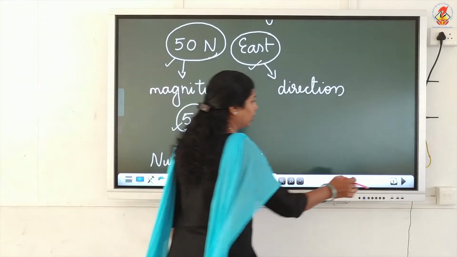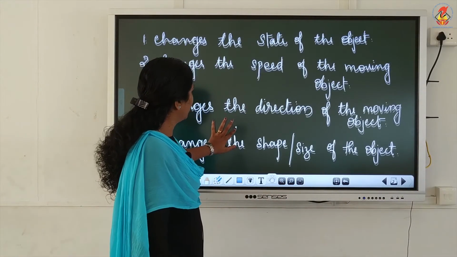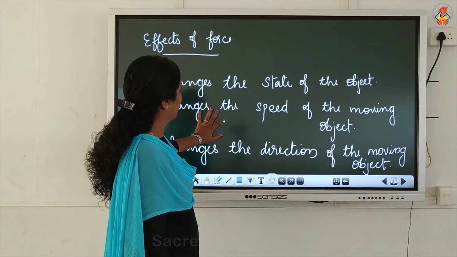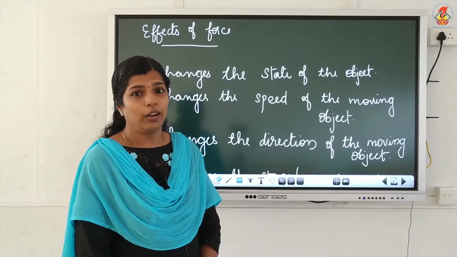Next we will talk about the effects of force. First one: change the state of the object. Two states are possible for an object, either at rest or in moving position. A force can change the state of an object.